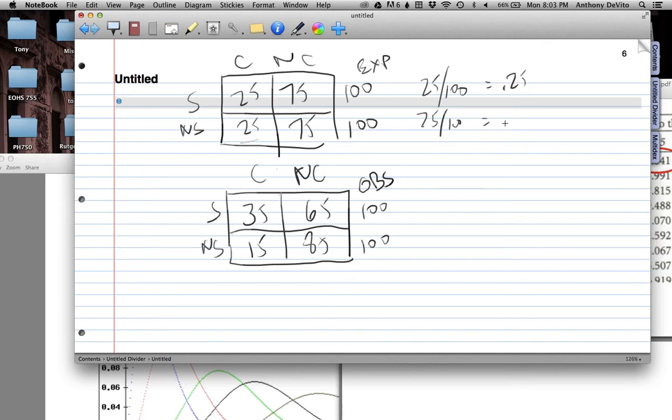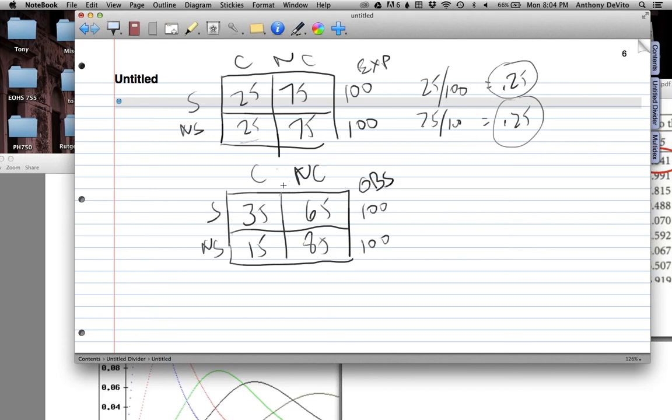The probability if you're a non-smoker is also 0.25. Those are the risks of coughing if you're a smoker or a non-smoker. So this is your risk of being a cougher if you're a smoker, and this is your risk if you're a non-smoker: 25%, if you were one of those people in this group of 100.